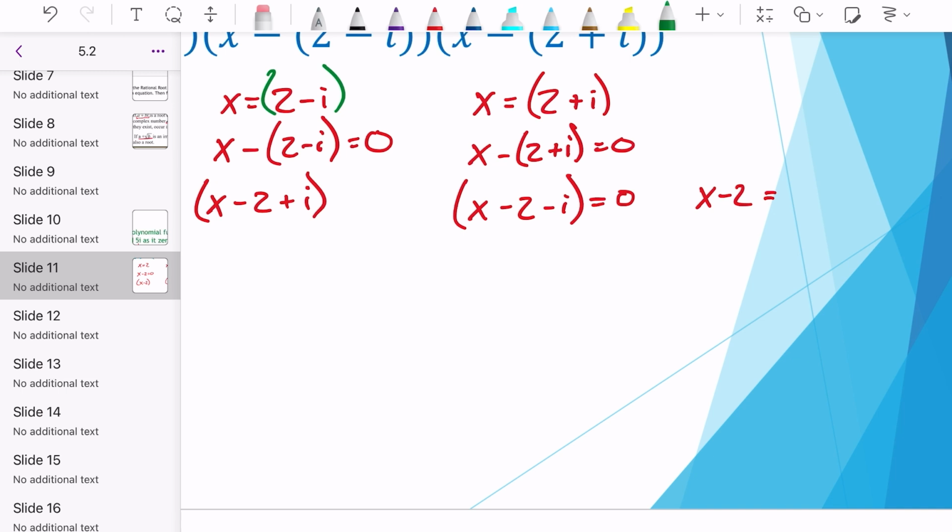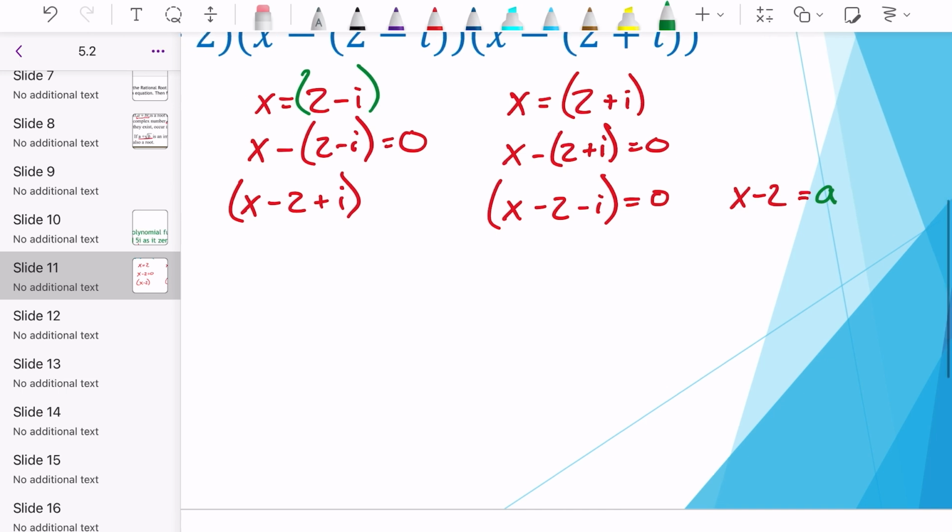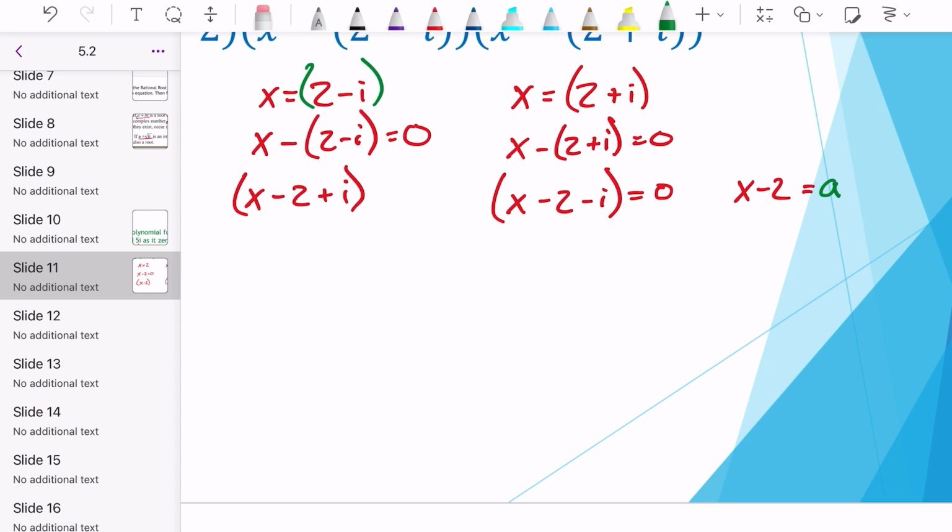So let's go with a. We would then say that our first factor would be a plus i, and we would have a minus i.